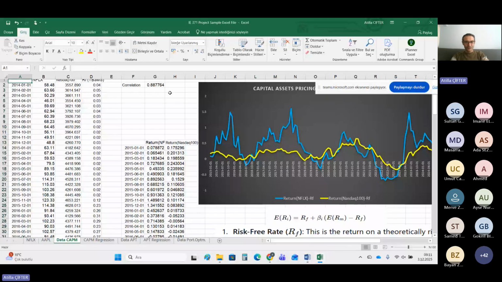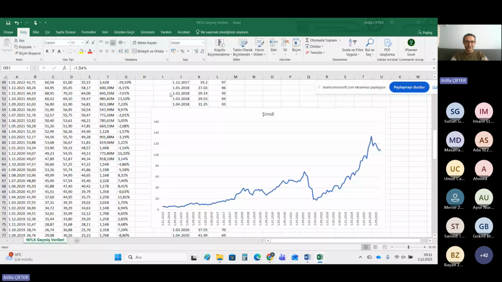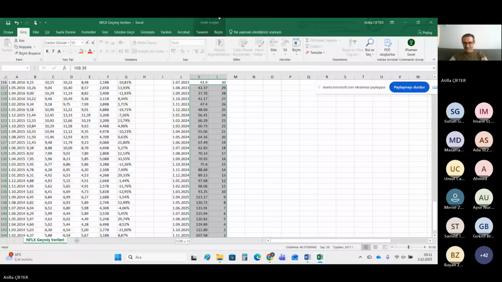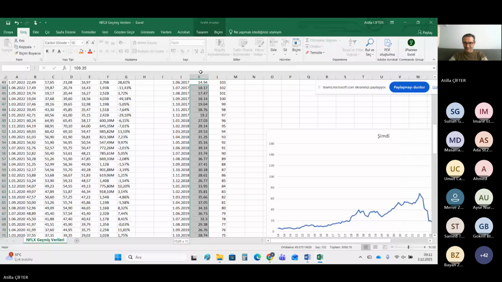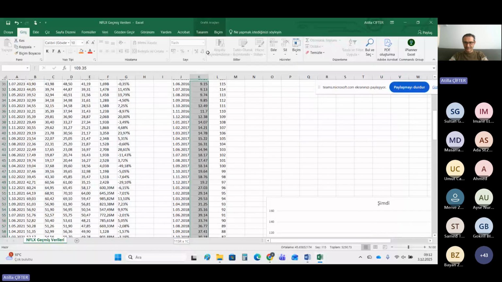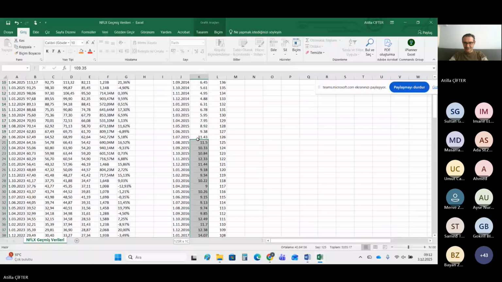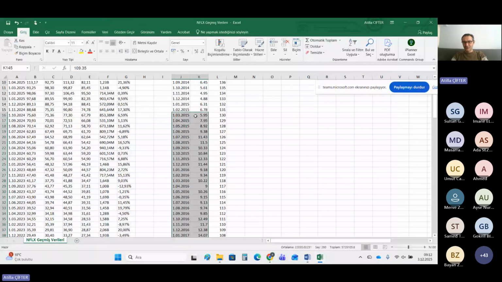I have 130 observations, so I can go to here and select from the last. How many observations? 130. I can select 130 observations.